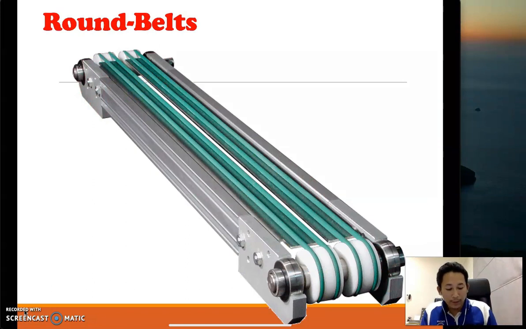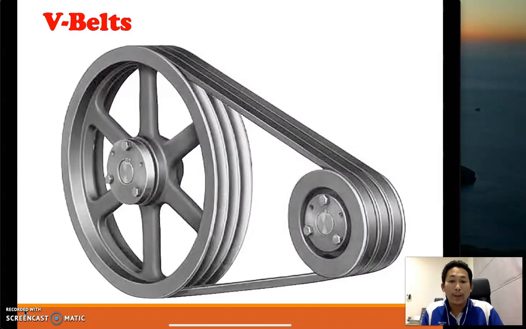The round belts are round if we cut the cross section, and that is the example of the round belts. V belts, if we cut the belt, the cross section is something like a V, but it is cut at the bottom. So we cut that.